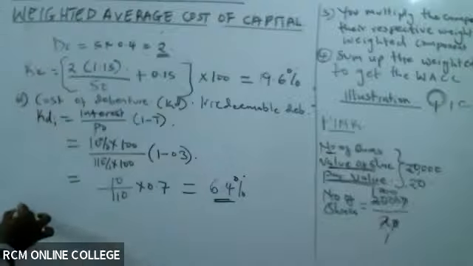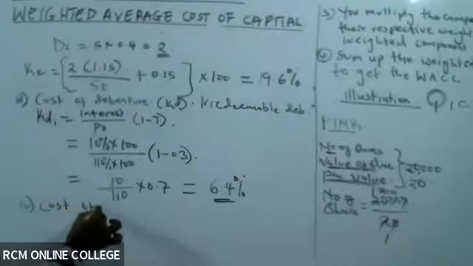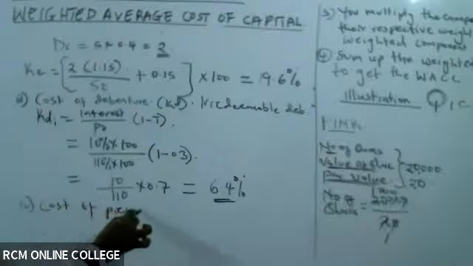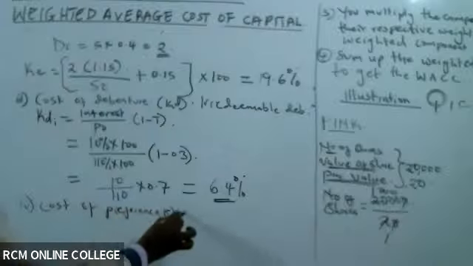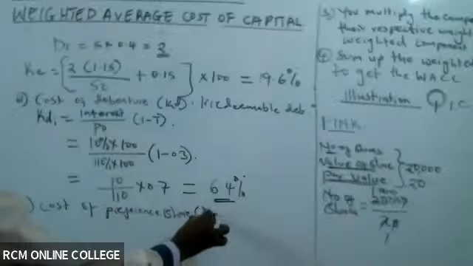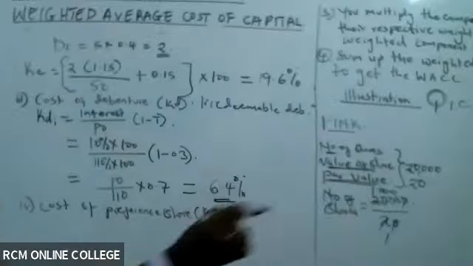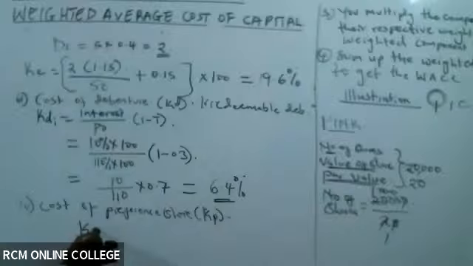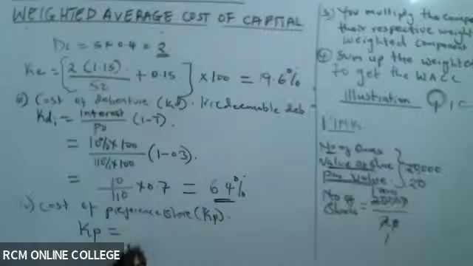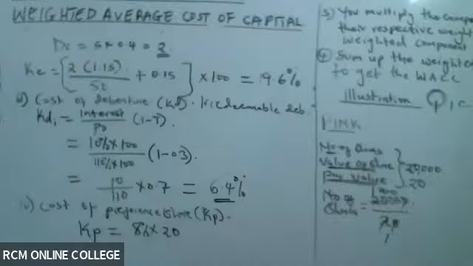Then the fourth thing is the cost of preference share, as simple as it is. We call that Kp, and Kp is also easy. Kp will be equal to the preference dividend, and to get our preference dividend we take the 8% given there times the par value. I think that is where people made mistakes, times par. I saw one person who maybe got times par divided by the market value.